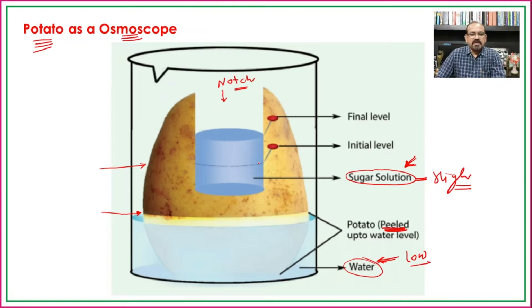So it was filled up to this level initially, and hence it is known as the initial level, and after some time the water from outside will start to enter inside this osmoscope because of the higher concentration inside the funnel, which is filled with the sugar solution, and because of that the level of this sugar solution now increases, which is considered as the final level.